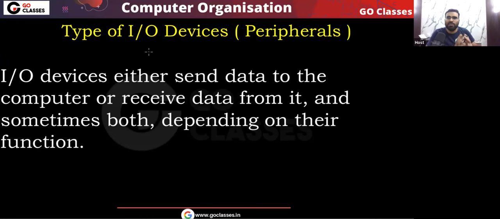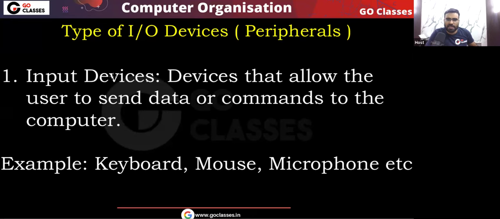Or they can be output devices, for example your monitor, your speaker, meaning the computer is giving output to the user. Or it is also possible that an IO device is both input and output. So IO devices either send data to the computer or receive data from the computer, and sometimes both. Let's see examples of the types of IO devices.